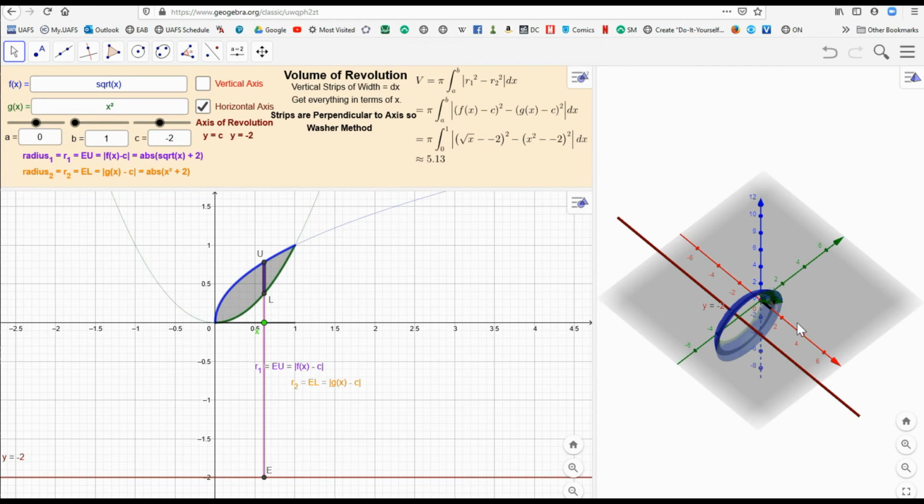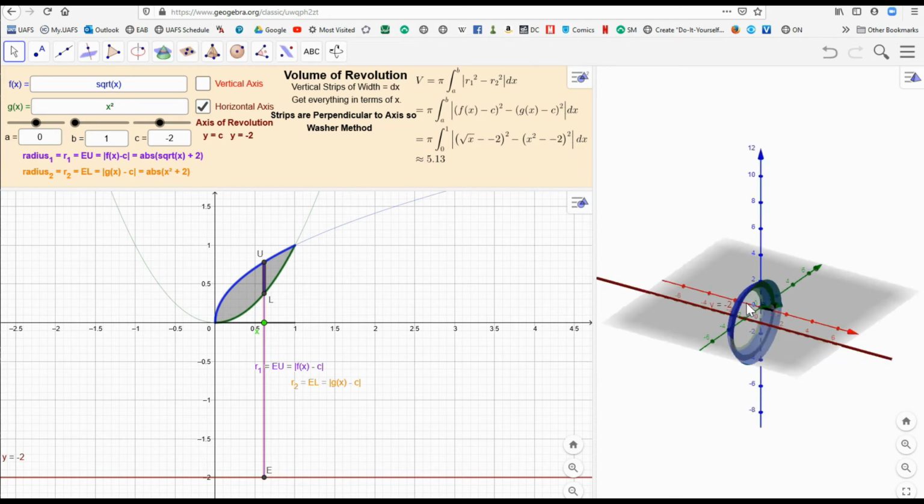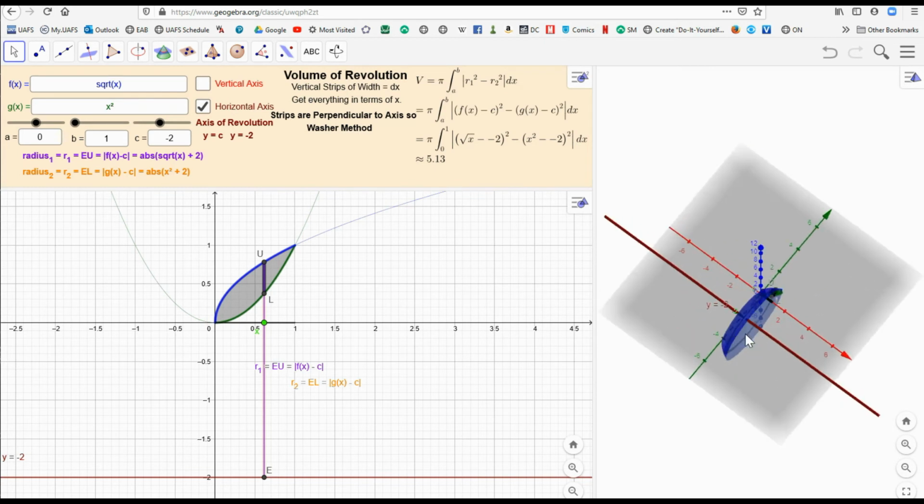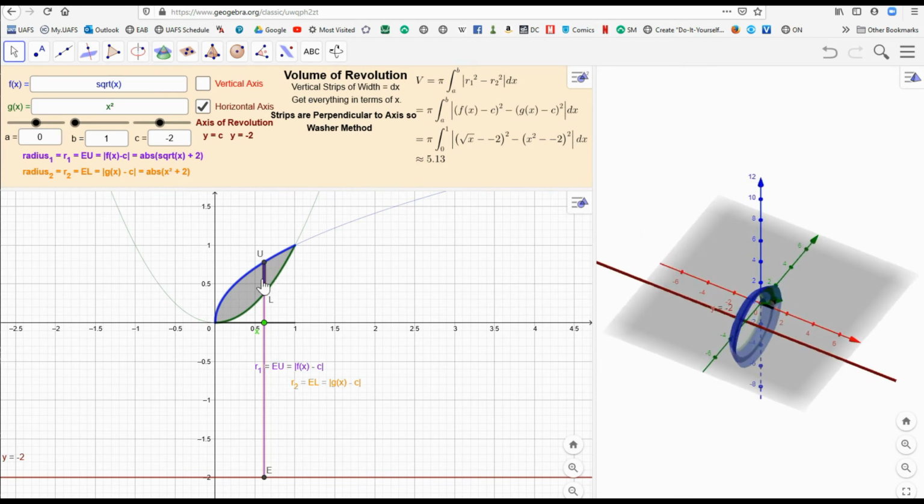So here's your region. The red axis is x, the green is y, the blue coming up out of here is z, and the region is down there, and you revolve around, and you get a shape that looks kind of like this. And I can rotate that around. I have a representative strip drawn here, and that strip can be moved by moving this green point.